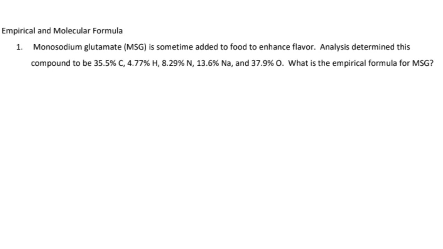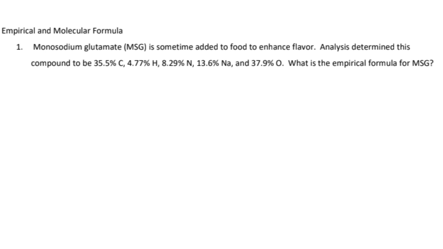So this type of problem in chemistry is one where you just follow the steps and you get the answer in the end. Okay? Just do step 1, step 2, step 3, boom, you're done. Now you can also use the poem: percent to mass, mass to moles, divide by smallest, multiply till whole. So we're given our percentages here. So if we assume 100 grams total, these percentages become our masses.